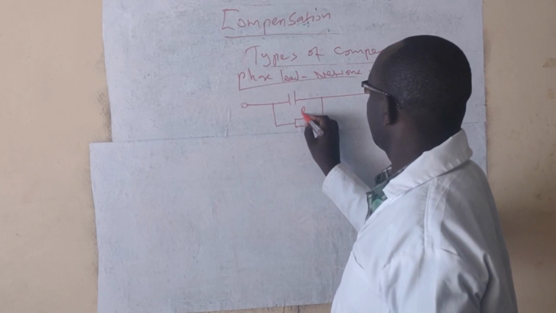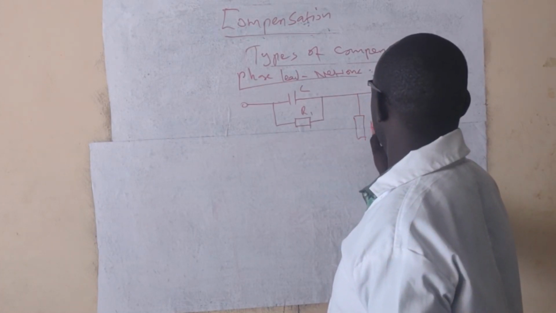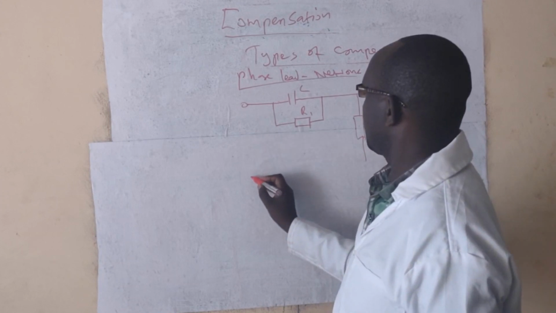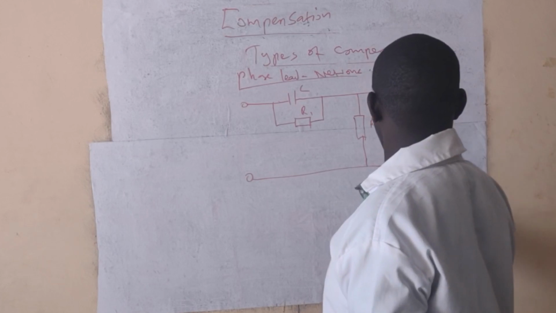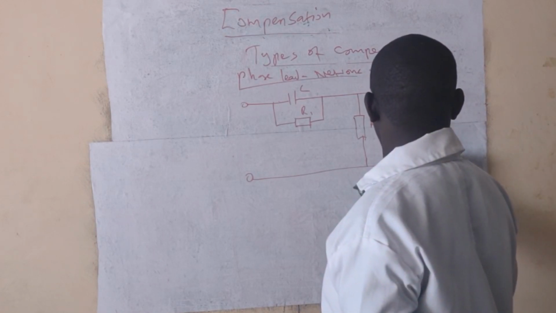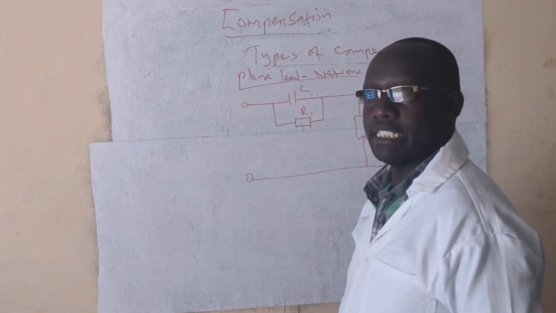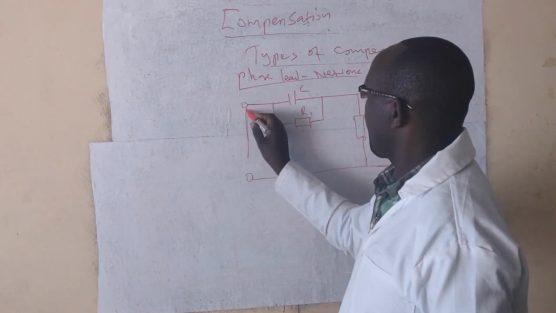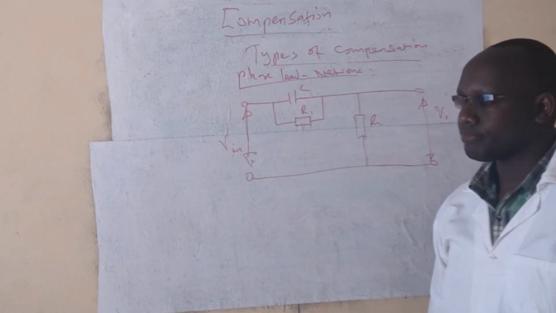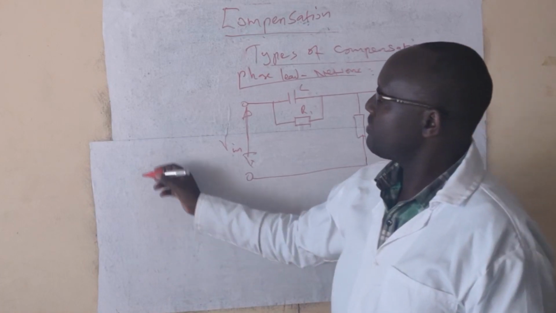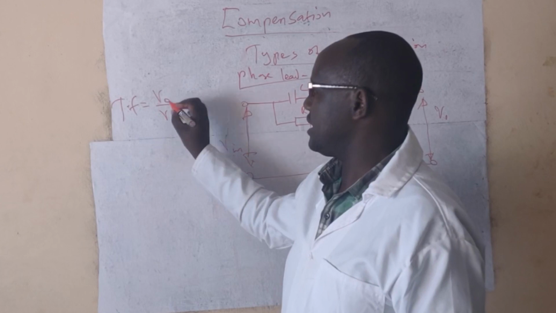This is R1, this is the capacitor, this is R2. The transfer function is given by V out over V in.